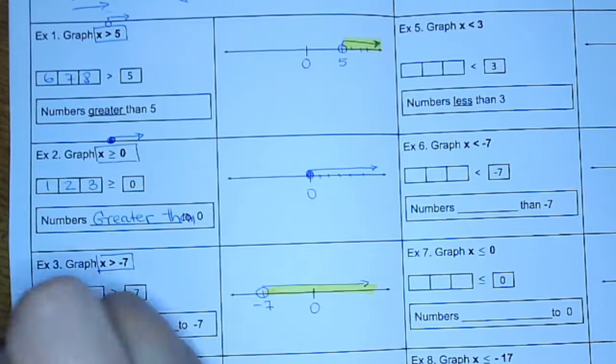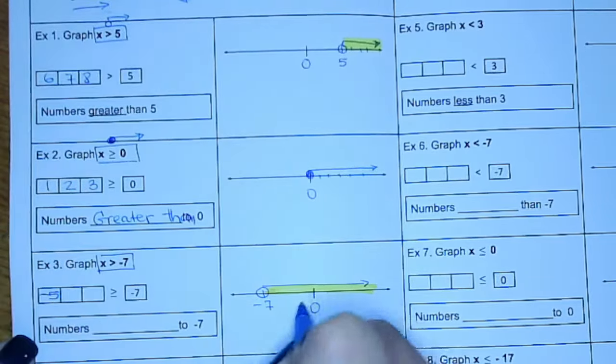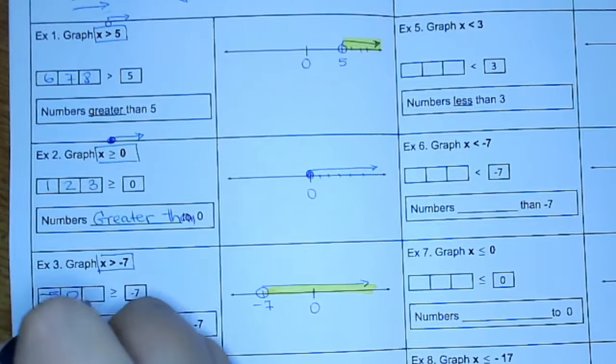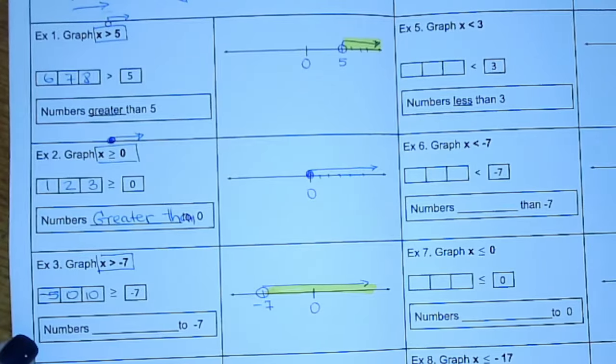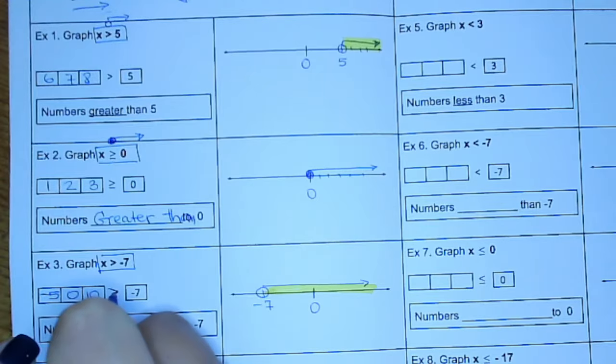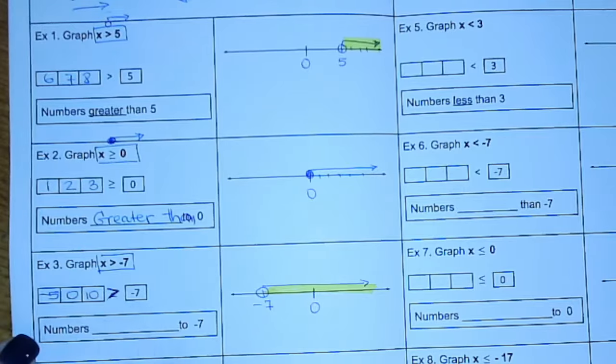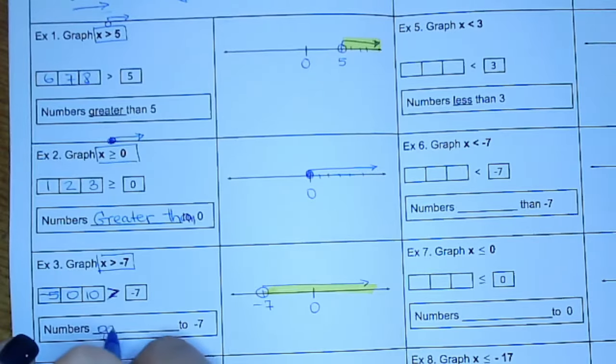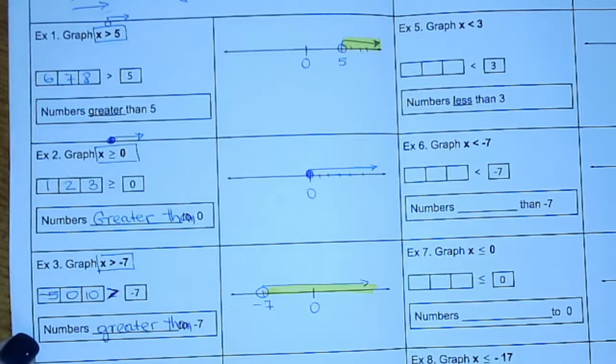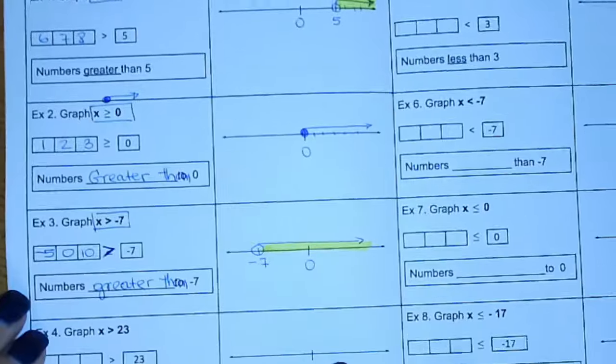So you can say negative 5 is on the right, 0 is on the right. Positives are always greater than the negatives. And since I had a greater than sign here, it should be greater than sign here too. Numbers greater than negative 7 are on the right of negative 7.